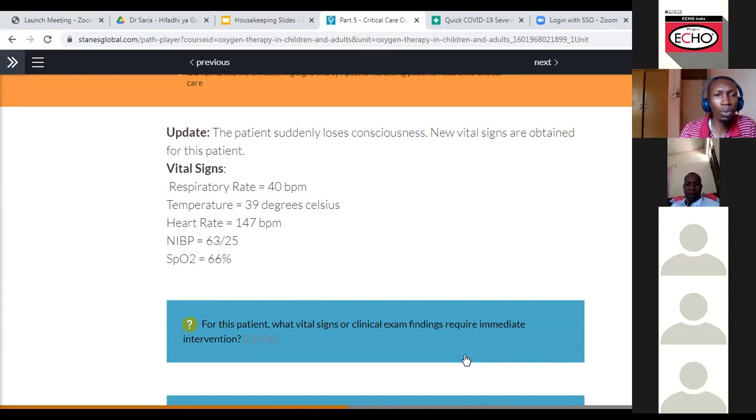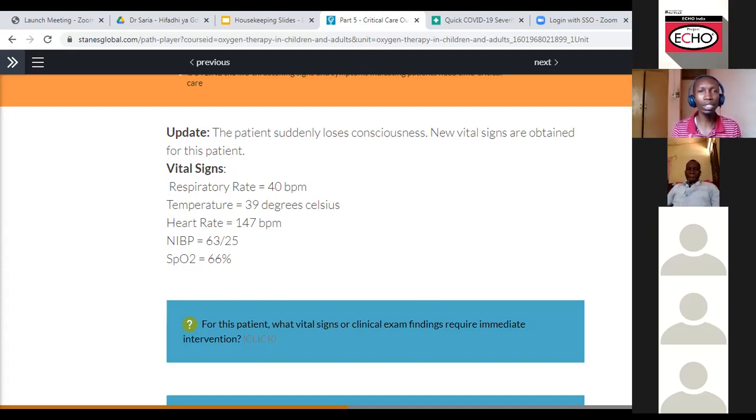So the question is, among all those signs and the parameters that we have seen up now, which ones do we think need a very immediate intervention? From what I see now, I think I have to do something with regard to the respiratory rate, or maybe the temperature, or the heart rate, or the pressure, or the SpO2.